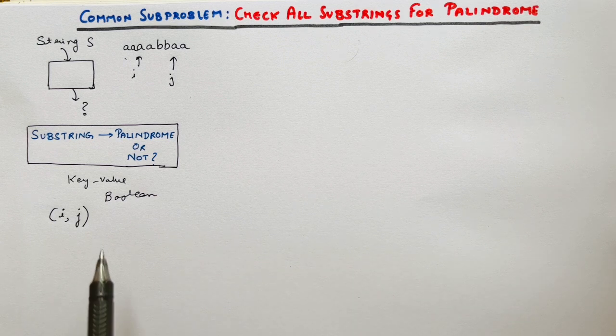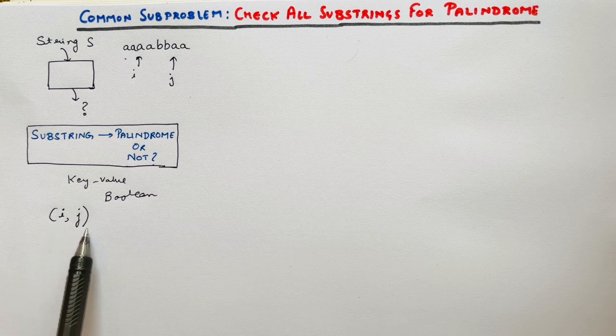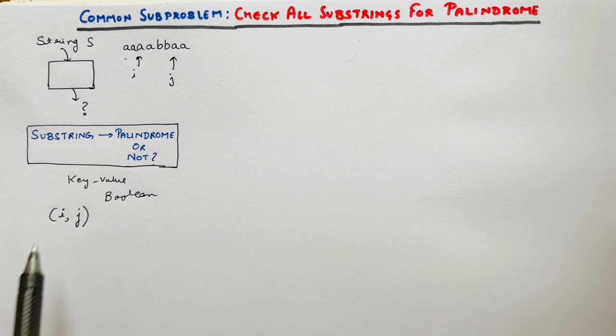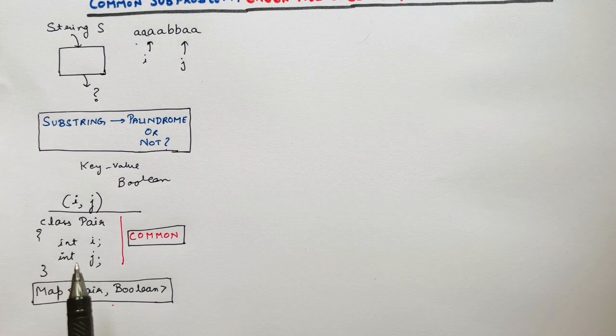But like we could say that the value is of type boolean, what will we say is the type of this i comma j? There does not exist an already existing data structure to represent this i comma j. So we have to define a new data structure. Let's say we call that a pair. We will define a new class Pair which will have these two members, int i and int j. This is a very common technique that we often have to use in many problems.